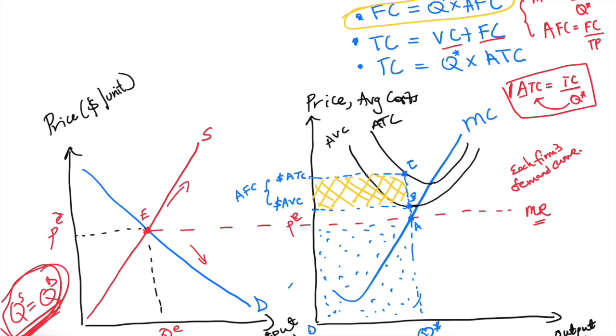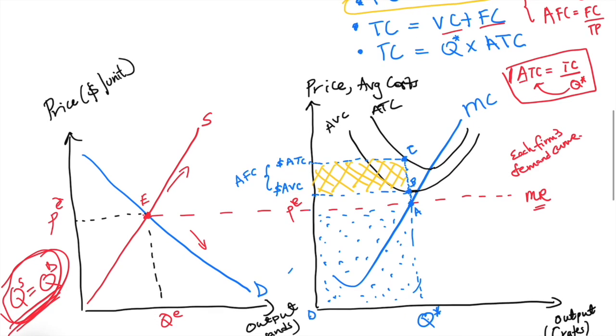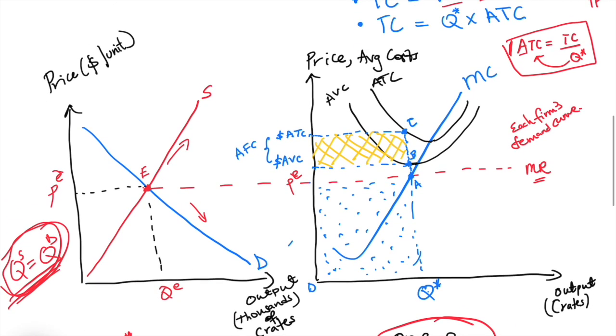See. So I hope this has helped you, and this is how to visualize costs in the graph for perfect competition. Why are we able to do this much? Now, if you have just studied production and costs, all that was done in there was drawing marginal cost, average total cost, and average variable cost.